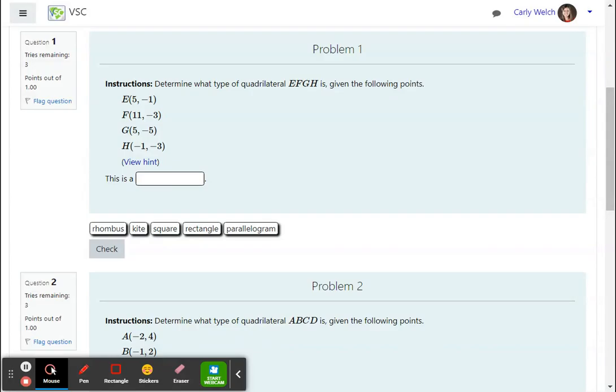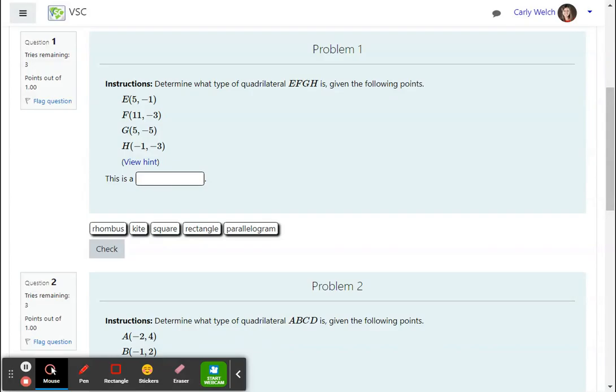There we go. And then the last one, EH, is 5 minus -1 and -1 minus -3. So all sides are equal.